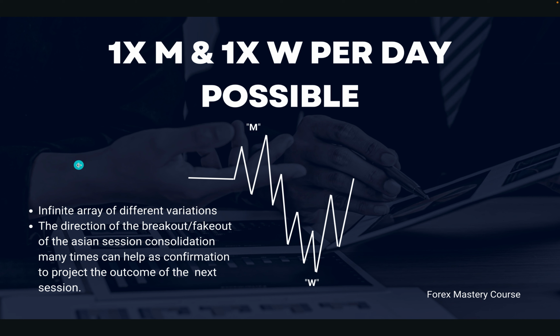So there is an infinite array of different variations of these M's and W's or structures. The direction of the breakout or fake out of Asian session consolidation many times can help as confirmation to project the outcome of the next session.